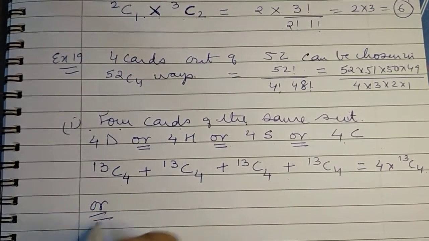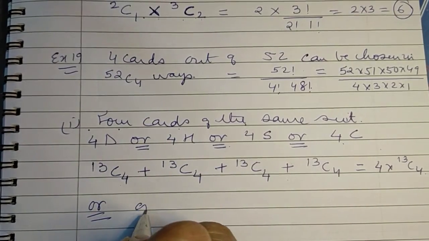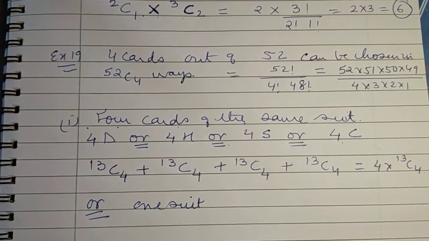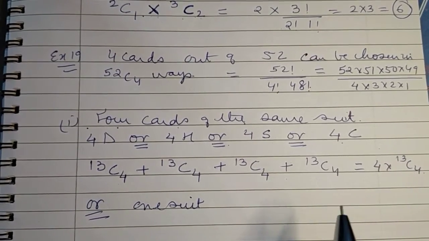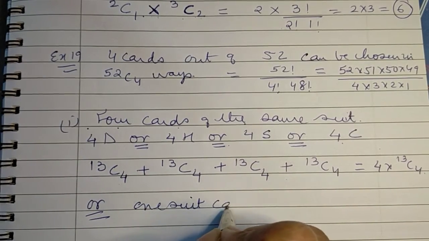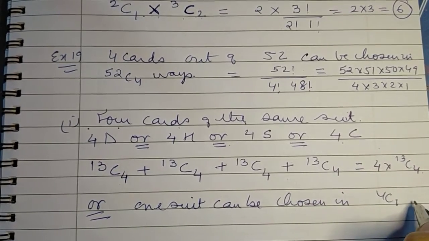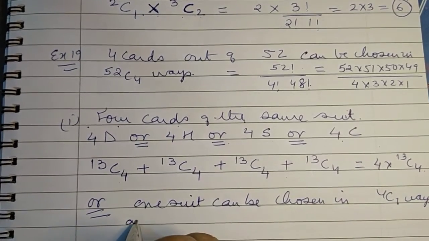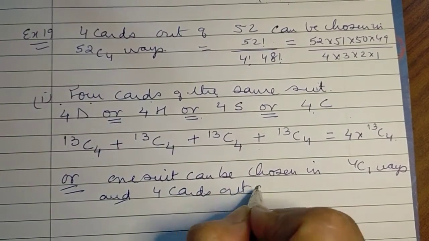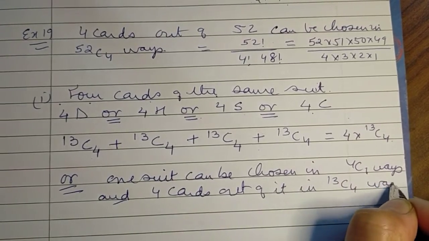Another way of solving this is, out of these 4 suits, we first choose one suit and then we follow it up by choosing 4 cards out of that. So one suit can be chosen in 4C1 ways and 4 cards out of it in 13C4 ways.